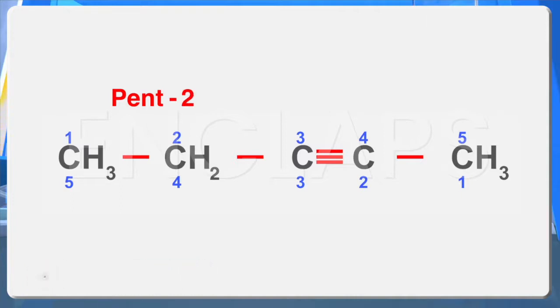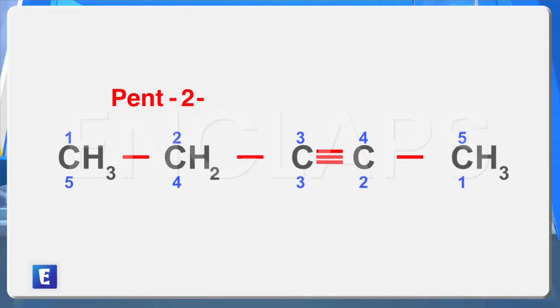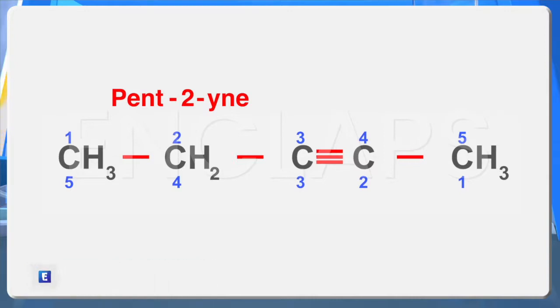Then put another hyphen, pent hyphen 2 hyphen. Then we have to add the suffix. What is the suffix here? Y-N-E, yne. So the name of this organic compound is pent-2-yne.